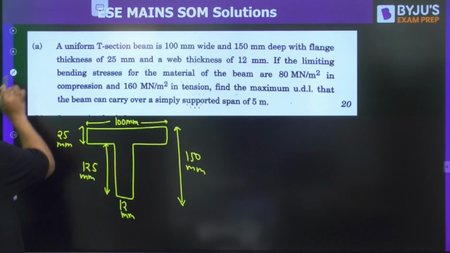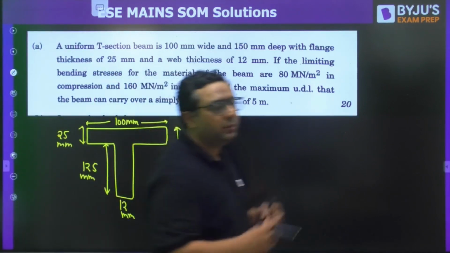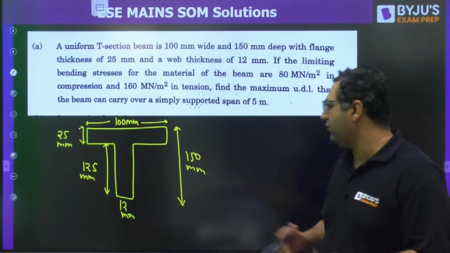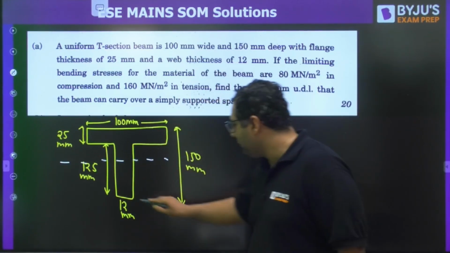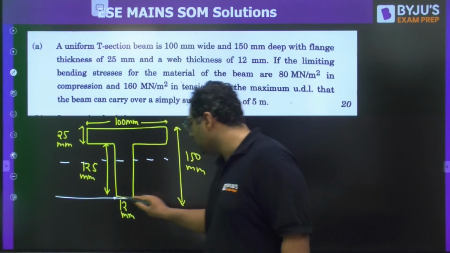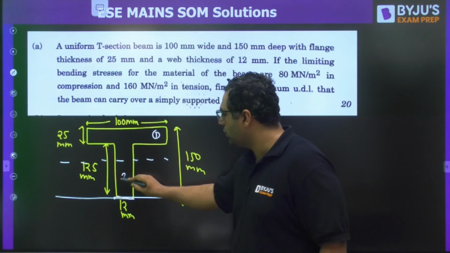So my dear, when you see this question, they are talking about bending stresses. To talk about bending stresses, we need the centroid first. So first you will find the centroid. I am considering this to be the origin. You can consider this as 1, this as 2.